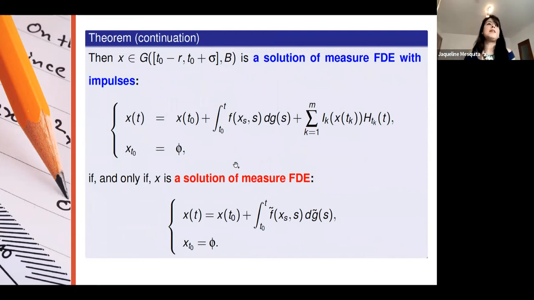So we can see that measure differential equations can also encompass this impulsive behavior. So it is possible to have a relation between these two types of equations. If we prove a result for this type of equation, we can translate it to these equations. That's why it's nice to deal with measure differential equations.